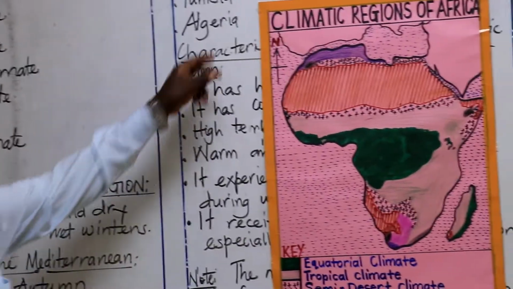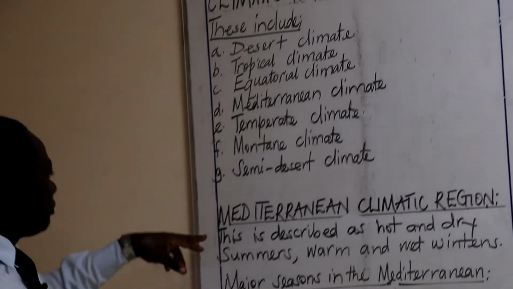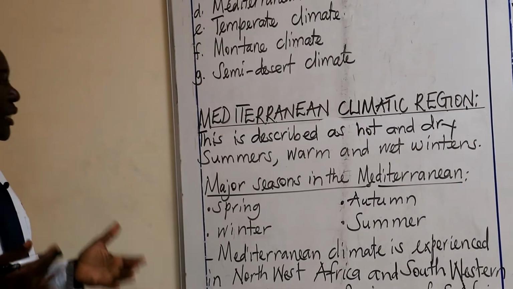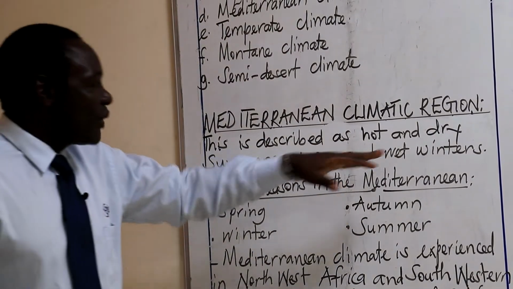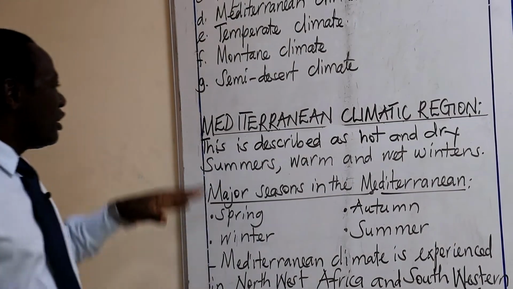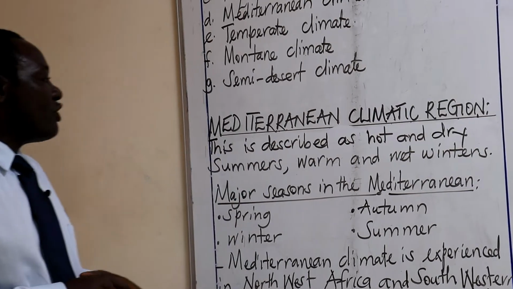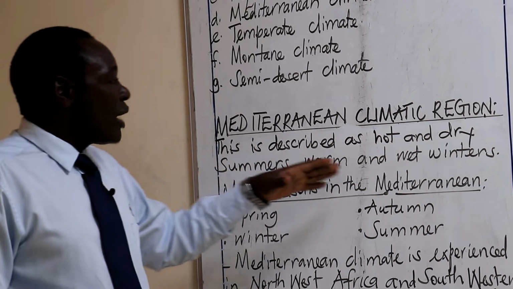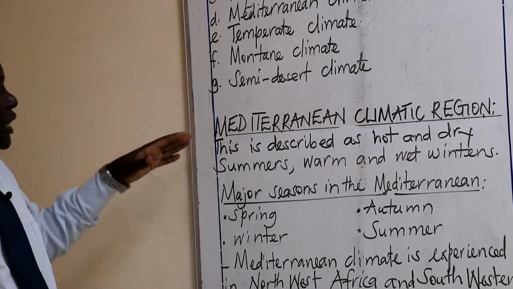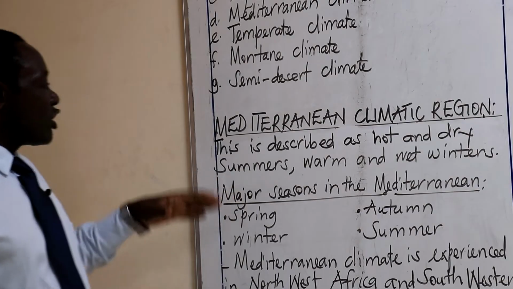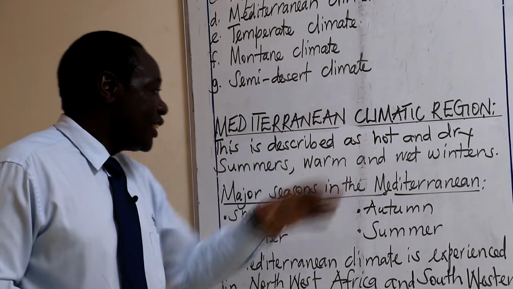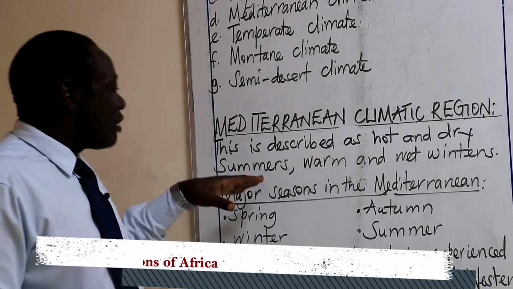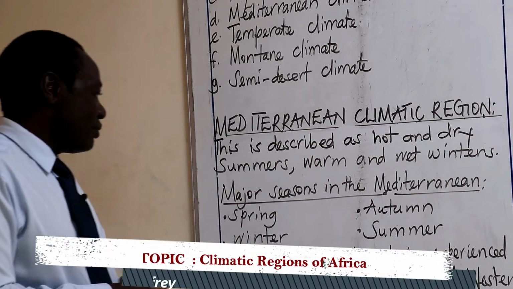So let us look at the Mediterranean climate and how you can describe it. It is described as hot and dry summers, warm and wet winters.